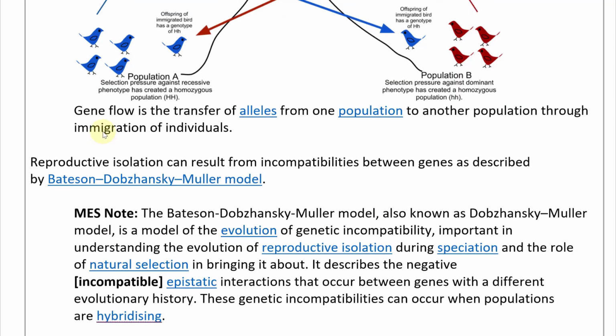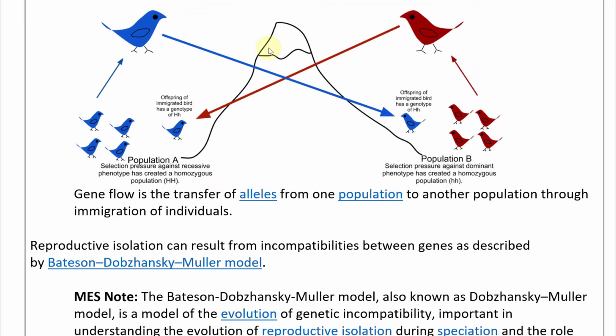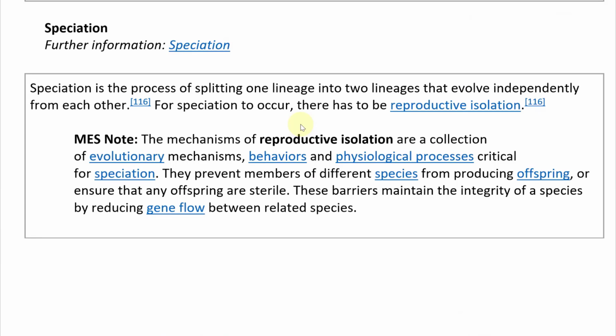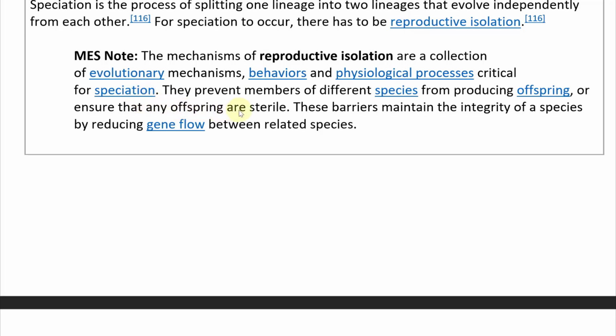Let's look at another type of reproductive isolation, and this can result from incompatibilities between genes as described by the Bateson-Dobzhansky-Muller model. As opposed to this setup, which is physically separated, you could also have it such that it's genetically separated. In other words, there are other mechanisms that can prevent members of different species from producing offspring, like the physical ones, or ensure that any offspring are sterile.